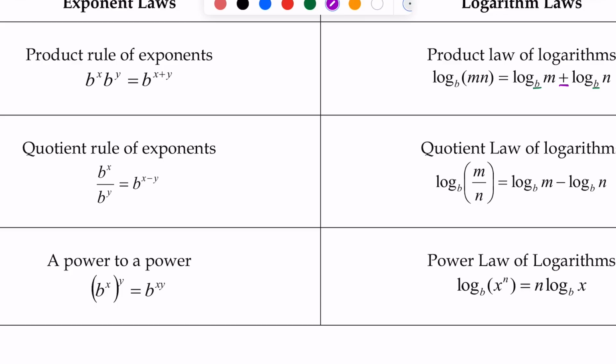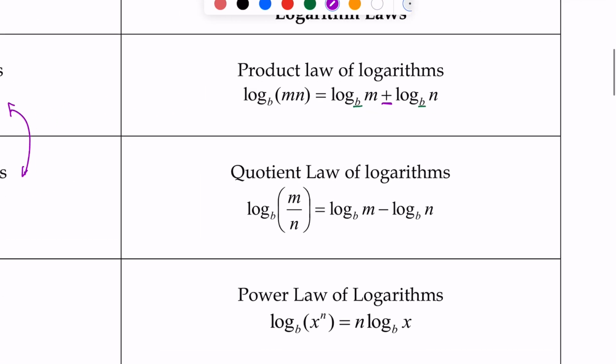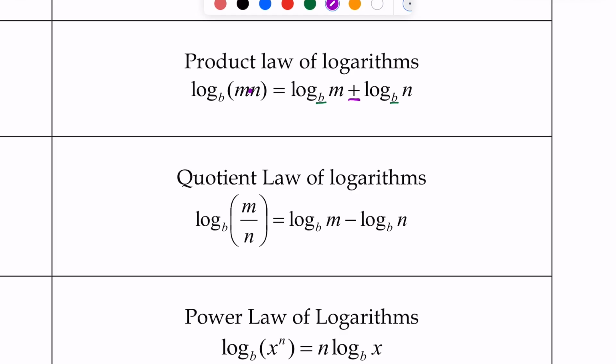And if you think about product and quotient, like division and multiplication being inverse operations, one being adding and one being subtracting, well, similar to logs. When they were multiplying, they were adding. And now when I have 2 things being divided, this is division technically, well, then you're going to subtract. So you have a product law, you have a quotient law, just like we had in exponents.